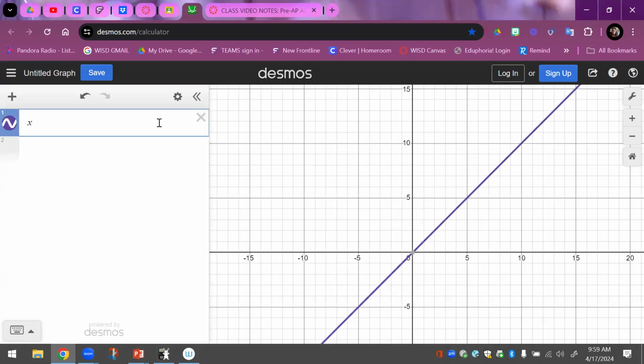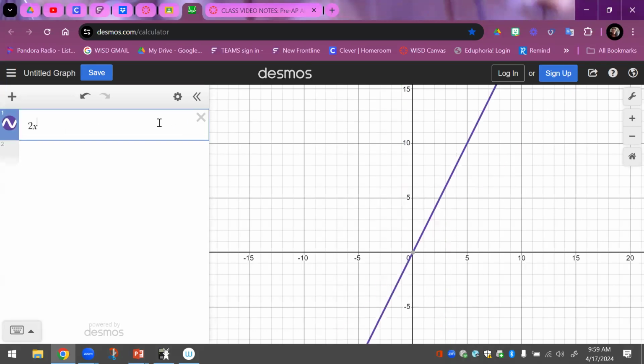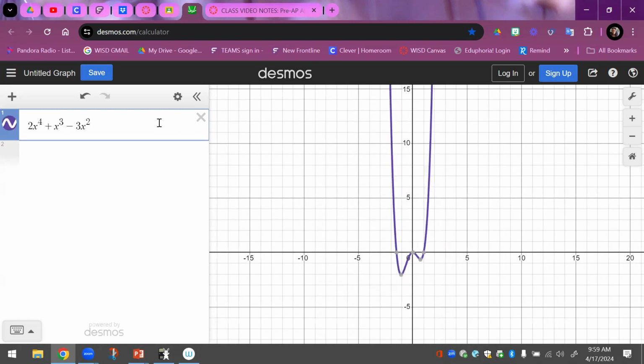We have 2x to the 4th plus x to the 3rd power plus or minus. Is this the beauty you created? All right, so from this beauty, we're going to identify. We have, what is this one?